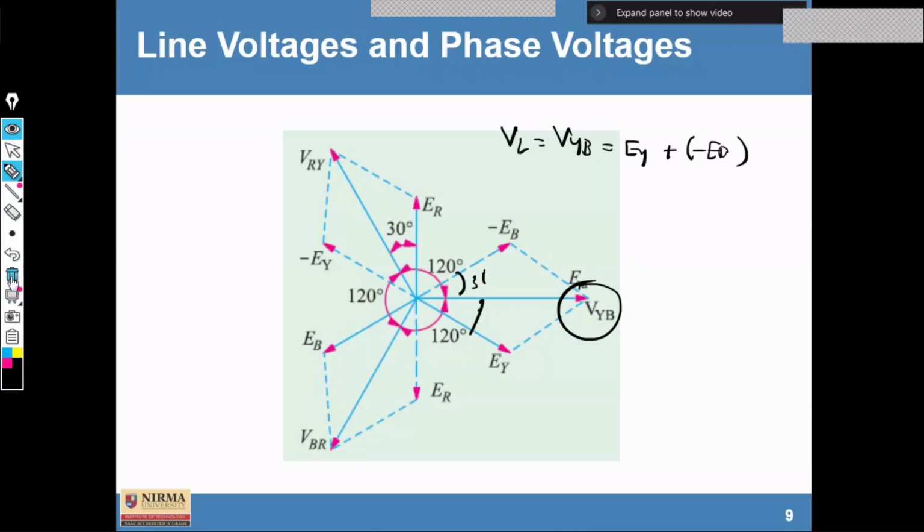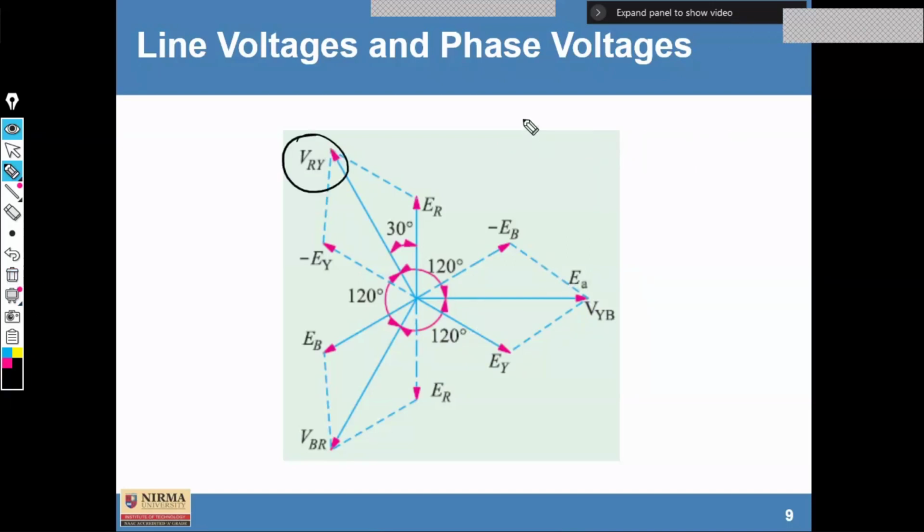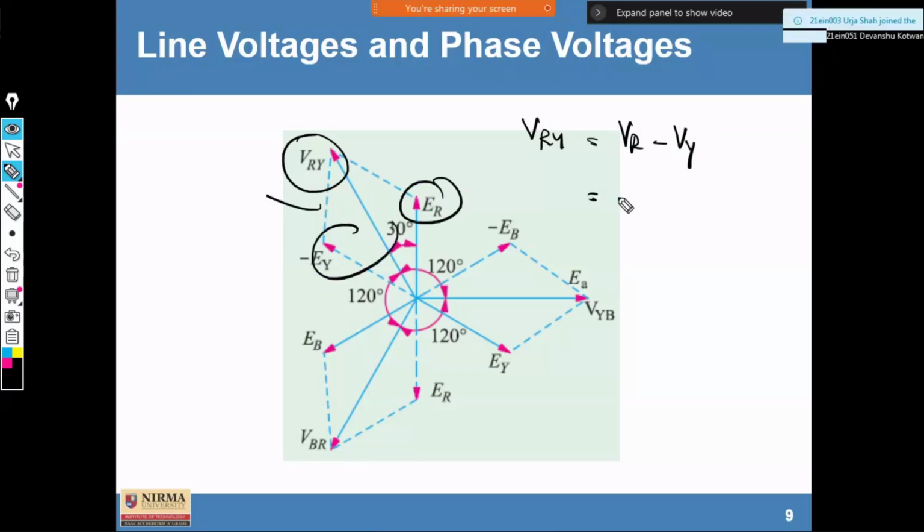So if we write VRY, first equation VRY, then it is VR minus VY. Clear? So this is an expression we can write for this also. And here we can, because VR and VY are similar kind of things. And if we resolve it on this, so again it is multiplying by cos 30.